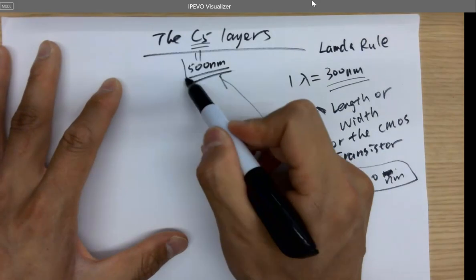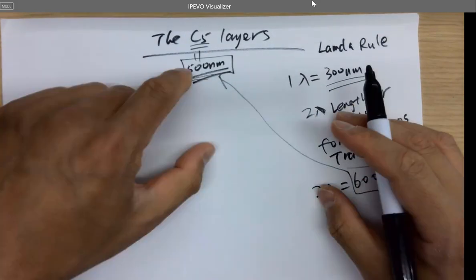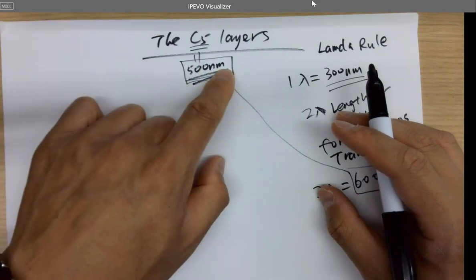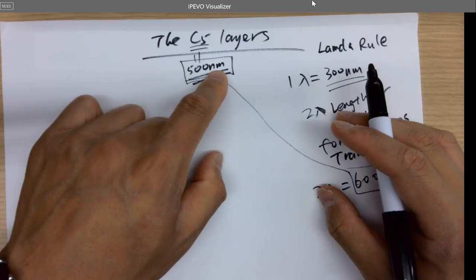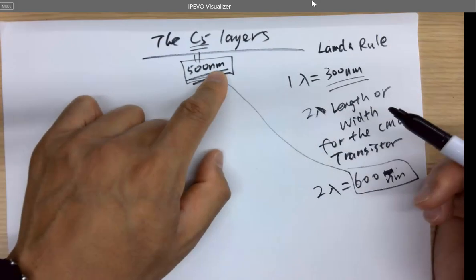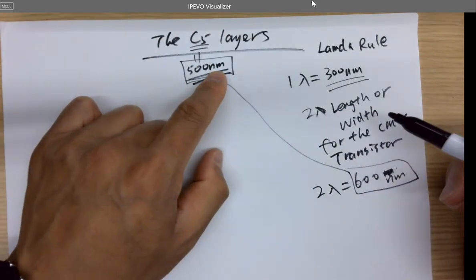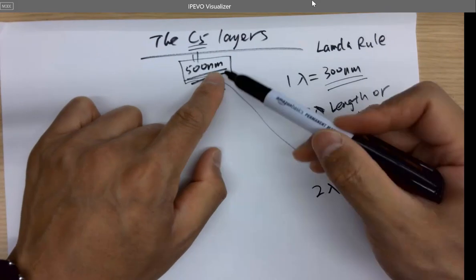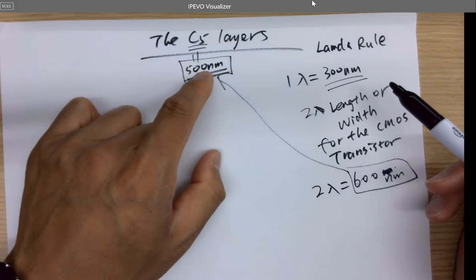Even though the C5 technology can make the smallest feature or transistor in 500 nanometers, they claim that, right? They might be able to make that happen as well, but the yield will be low. So there will be more mistakes if they do fabricate transistors in that dimension.